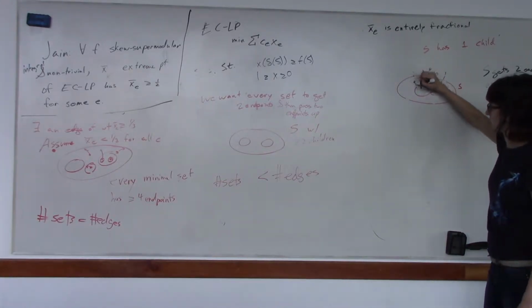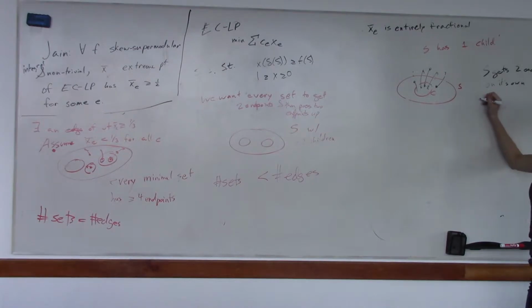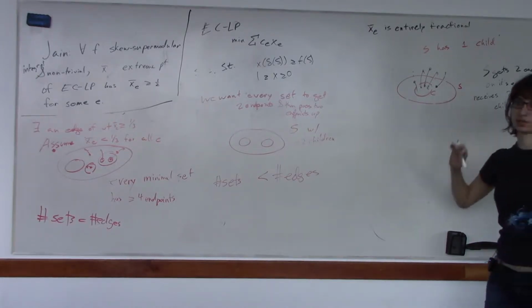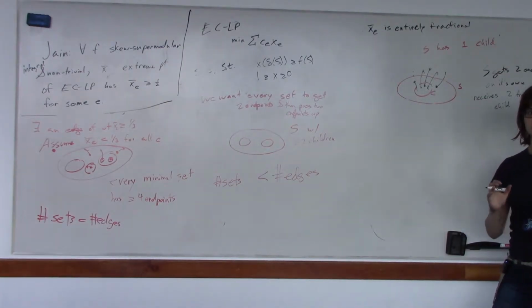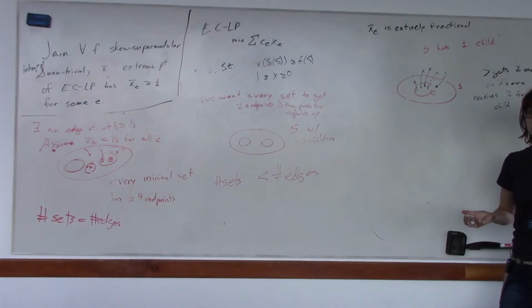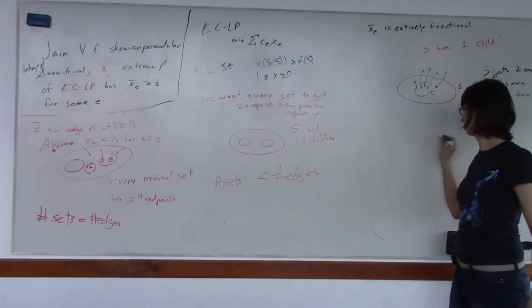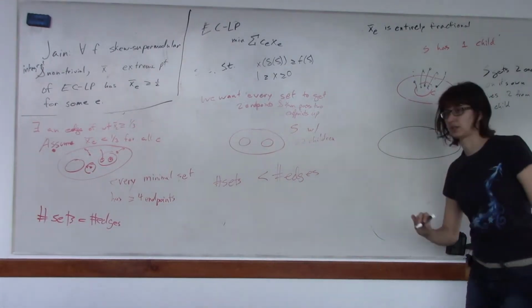So this gets at least 2, and it receives 2 from its child. So this set will keep 2 and pass 2 up. Then eventually we get to the top guy. Well, the top guy is a maximal set.